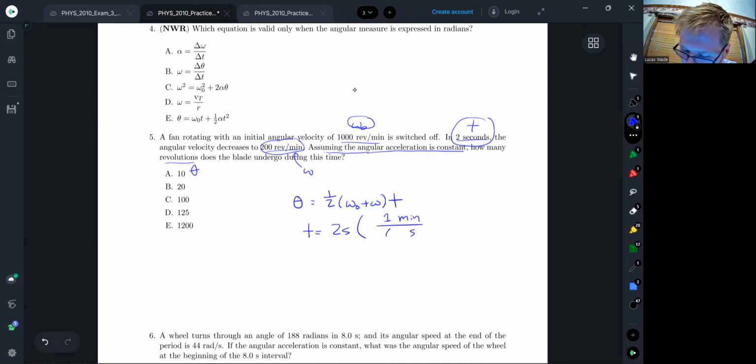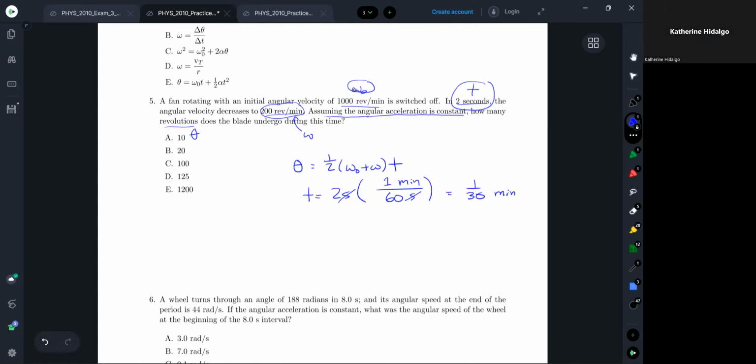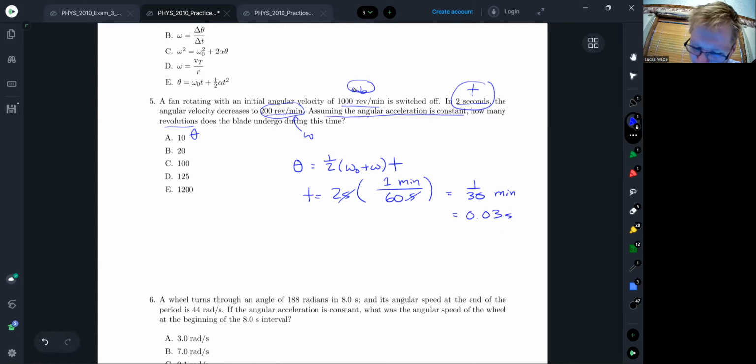So 1 minute for every 60 seconds. Seconds cancel. We're left with units of minutes. So it's 1/30th of a minute, whatever that is as a decimal. 0.03. 0.03 minutes. Okay. So now we have consistent units because we put everything in.